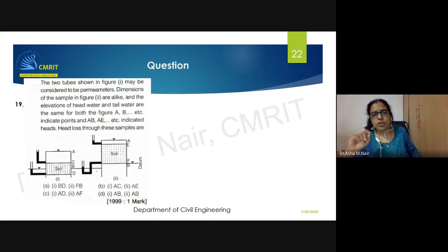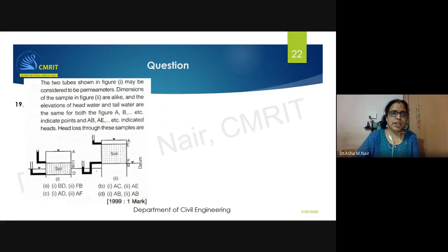What are you given here? There are two tubes, considered to be permeameters, and the dimensions are alike, so don't worry about the cross section. Head depends upon the height.